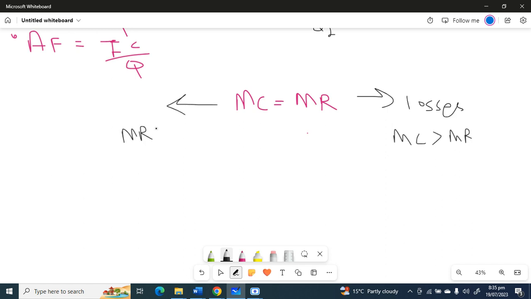Any points before this point, you're going to make profits, but those profits are not going to be greater than the profit that you make at this point. That's why firms choose to produce where marginal cost equals marginal revenue.